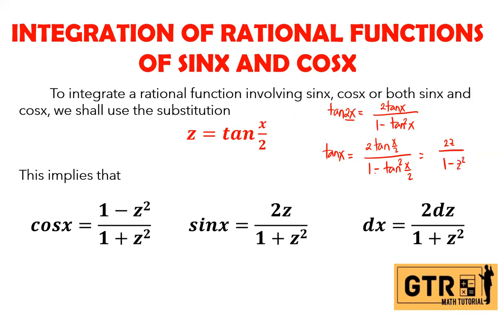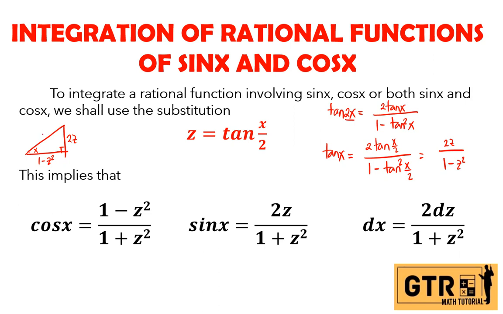Okay, so from the definition of tangent, if this is the angle x, tangent x is opposite over adjacent. So therefore, this will become 2z and this will be the side 1 minus z squared. If we use the Pythagorean theorem, the square of the hypotenuse is equal to the sum of the squares of the other legs.